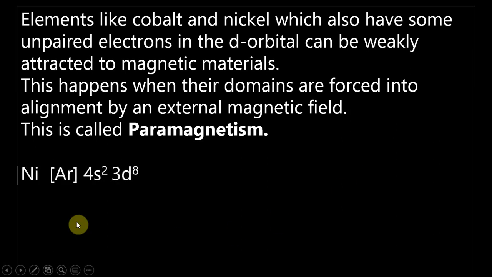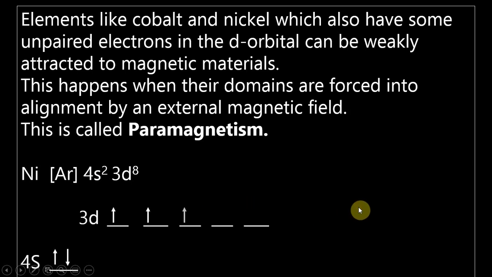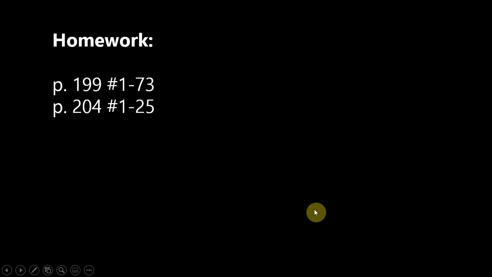So nickel, for example, 4s2 3d8 looks like this, and the first suborbital is filled with 2 electrons, the second one as well, and the third one as well, and then it leaves 2 electrons that are unpaired.